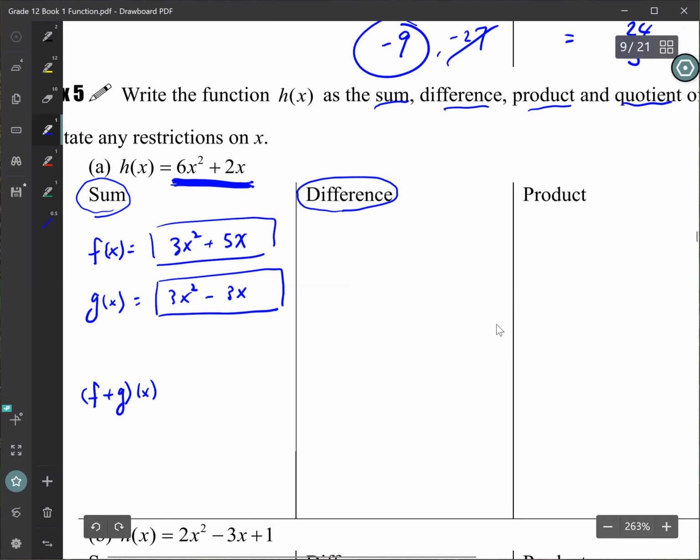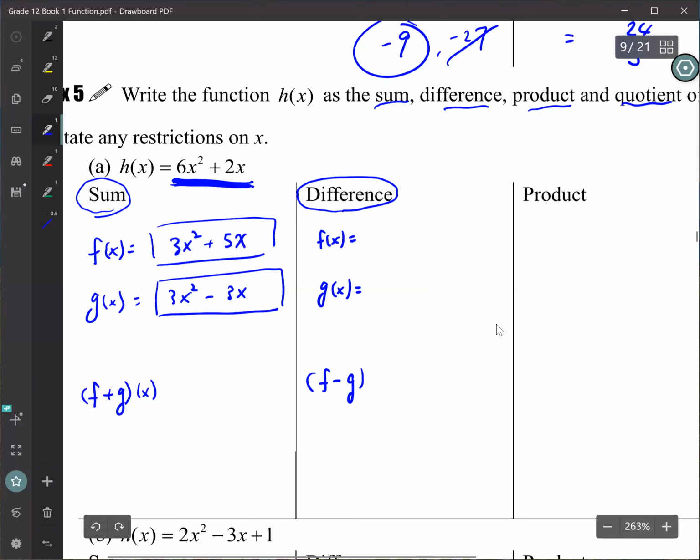What does difference mean, Eric? Subtraction. Yeah, so we need to use subtraction this time. Subtract the two functions to get the result. You can do f subtract g of x.